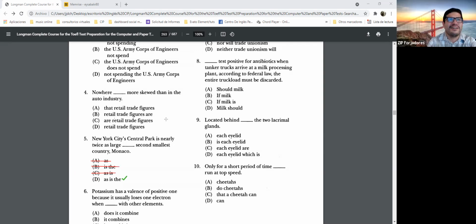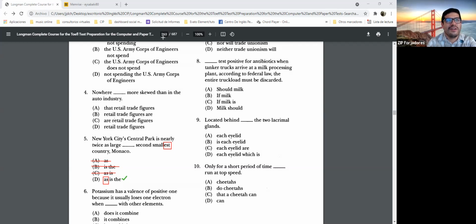You have a superlative, the adjective with -est, so I need an article, "the." I am going to have "as" that completes the comparative, "as large as," then the action, and then the article "the."